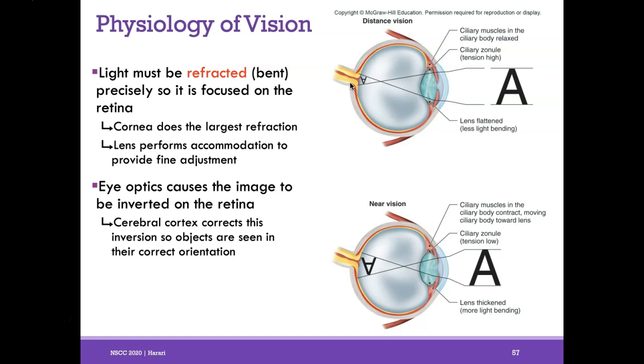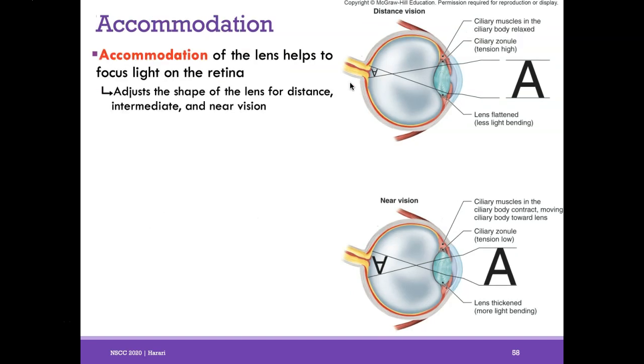And this is illustrated in a microscope, too. When you look through a microscope, you're really looking at an inverted image that's being corrected by a mirror in the lens. So accommodation of the lens helps to focus light on the retina, so we can adjust the shape of the lens depending on if what we're looking at is far away, very close, or at a perfect distance.